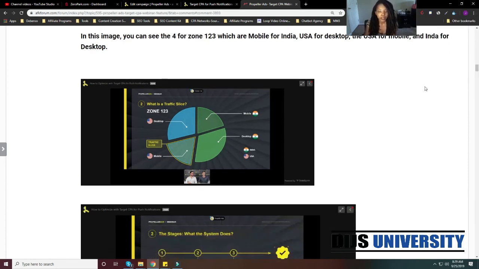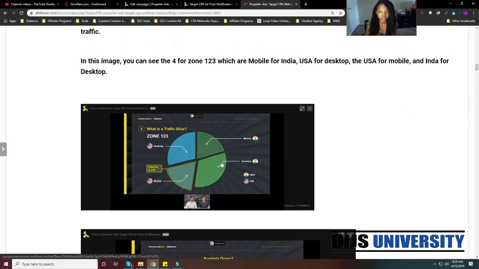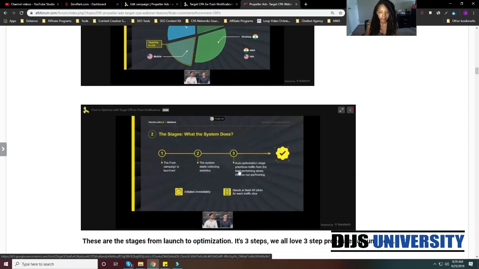So in this example, you can see that each zone has slices, all right? So each zone has 4 slices. That's what I'm trying to say. So you got your desktop, you got your mobile for each particular geo. And then if we're testing another country, their desktop and their mobile, right?